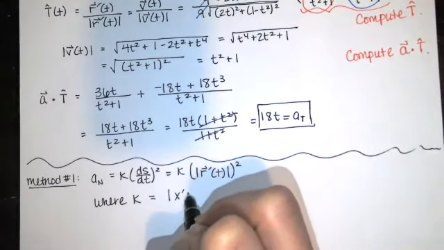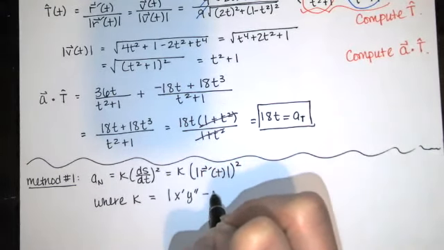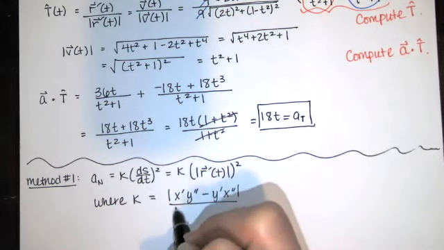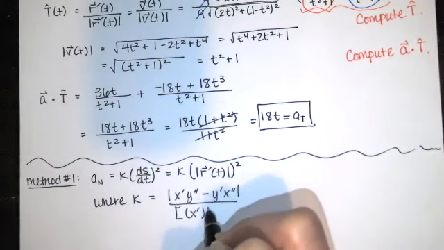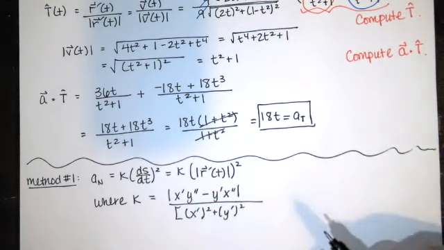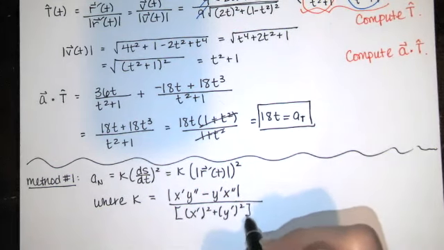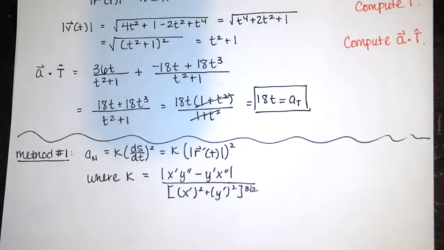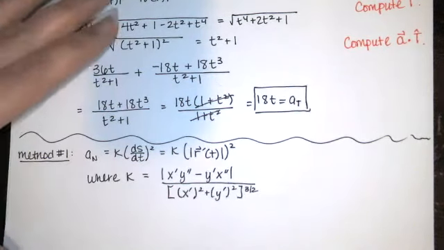Got the absolute value of x prime times y double prime minus y prime times x double prime, all divided by this expression here. This is just a special case of the formula that we have for r of t in general, where r of t has three components, x, y, and z.